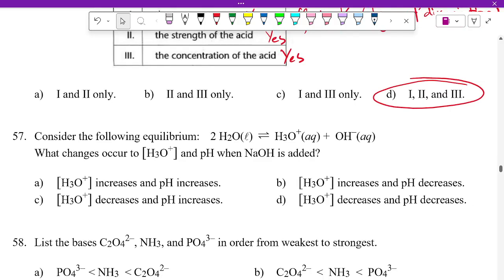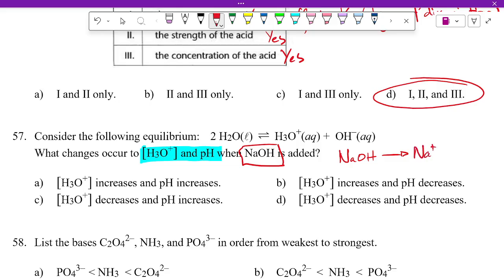Okay. What happens to H3O plus and pH when we add NaOH? Now, if we add NaOH, what are we really adding? We're really adding Na plus and OH minus. Do we care about the Na? Or is Na a spectator?